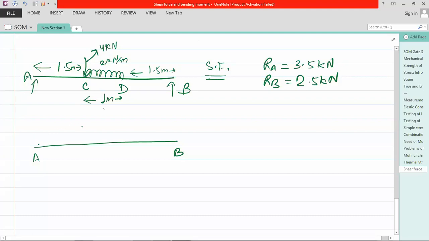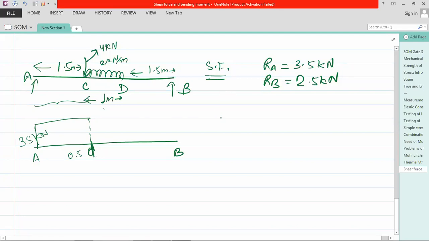Okay, let me draw. Then RA is 3.5 kilonewton and up to point C there is no load. Hence, it will be a rectangle like I drew earlier. And at point C, you have a load and that load is 4 kilonewtons. So this is 3.5 kilonewton and this is 4 kilonewton. So it will go in the negative direction by 0.5. Now after 0.5, you again have a load that will decrease.